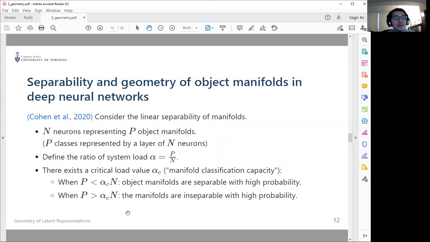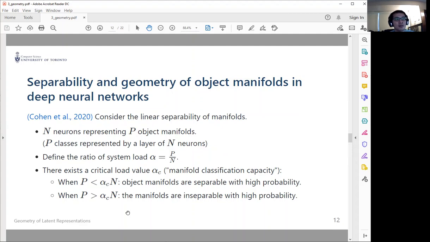So another aspect of understanding the geometry is the separability of object manifolds in deep neural networks. I'm not an expert on manifolds, but I'll try to explain this. Let's consider the linear separability of manifolds.